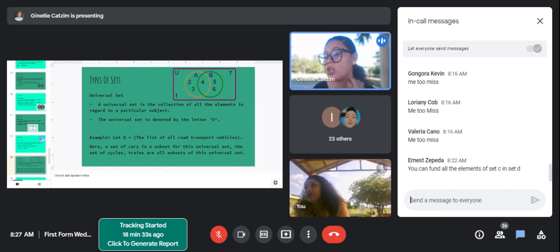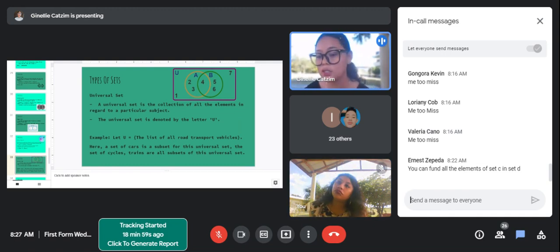Of course, C would be a subset of U, because we will find that in U, in that set of all road transport vehicles, because all road transport vehicles are talking about, let's say, the cars, the trains, the cycles, everything, right? We could be talking about motorcycles, those will be subsets. But U is everything in general, right?